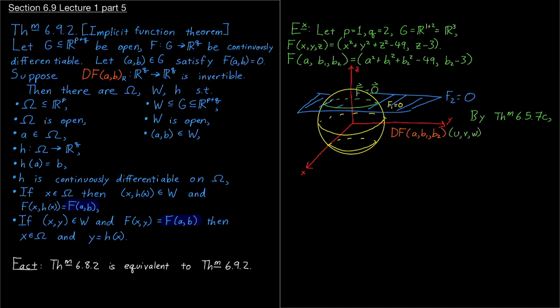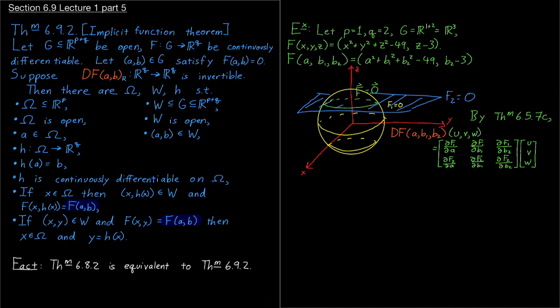Let's call it u, v, w. This is a big matrix: partial f1, partial a, partial f1, partial b1, partial f1, partial b2, and so on, that whole matrix times the vector u, v, w.